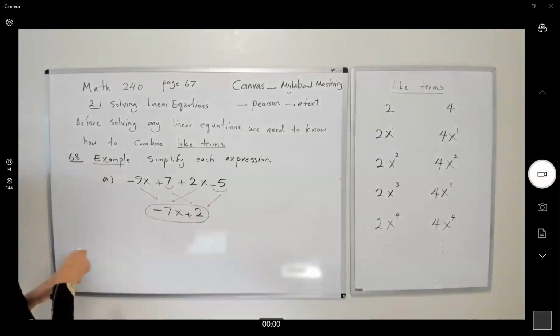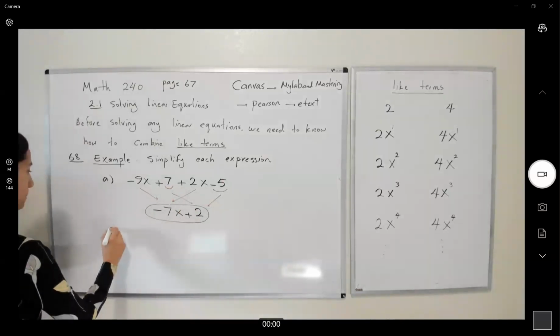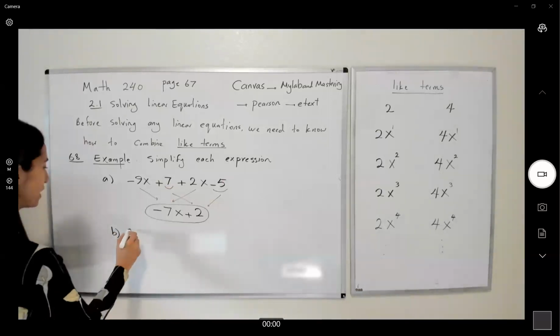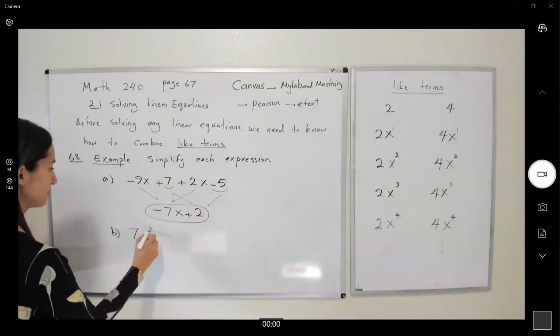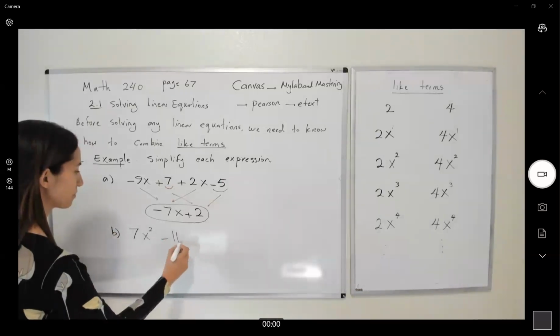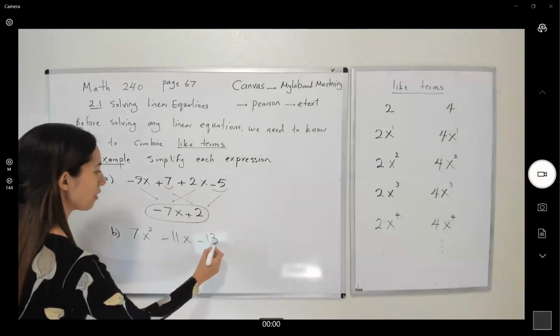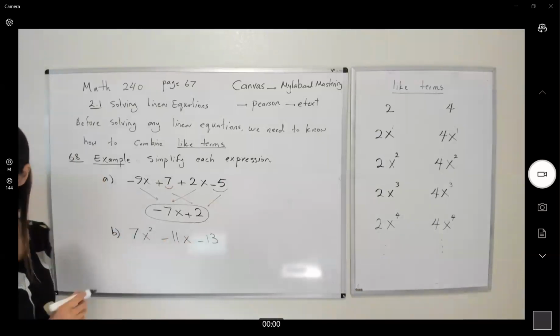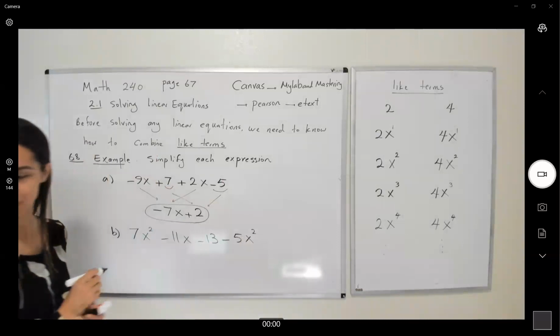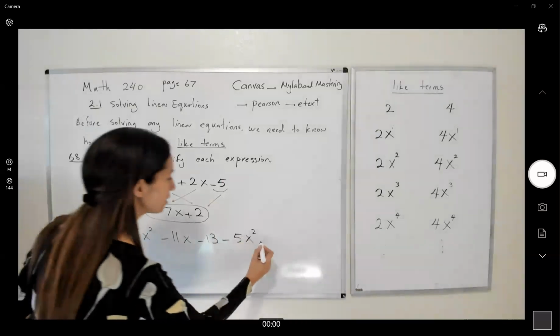The second expression, you have 7x squared minus 11x minus 13 minus 5x squared plus 6x plus 4.